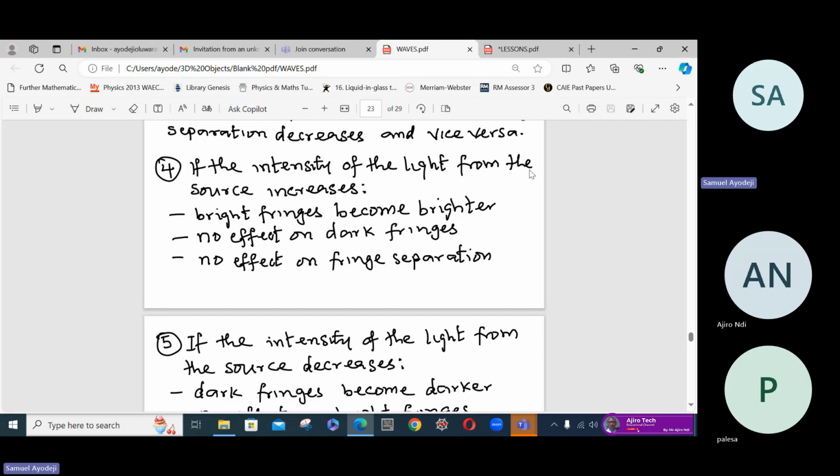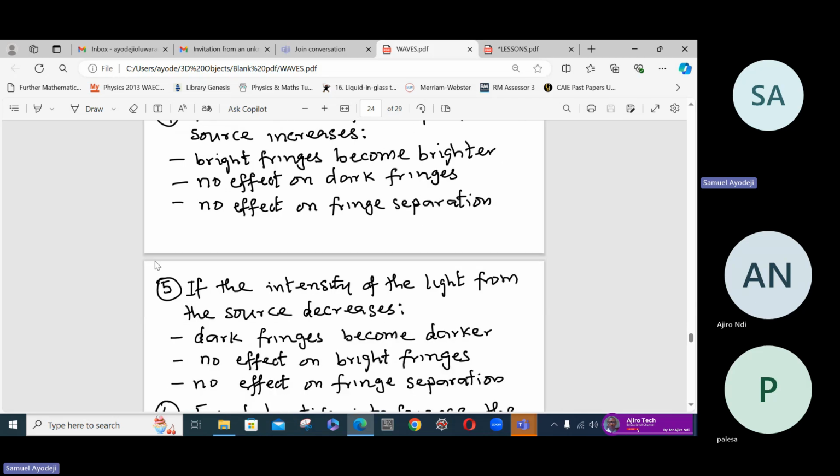So if intensity increases, the effect is seen on bright fringes, with no effect on fringe separation and no effect on dark fringes. The same thing, if the intensity of the light decreases, the fringes become darker, with no effect on bright fringes and no effect on fringe separation. Is it clear? Yes. Okay.